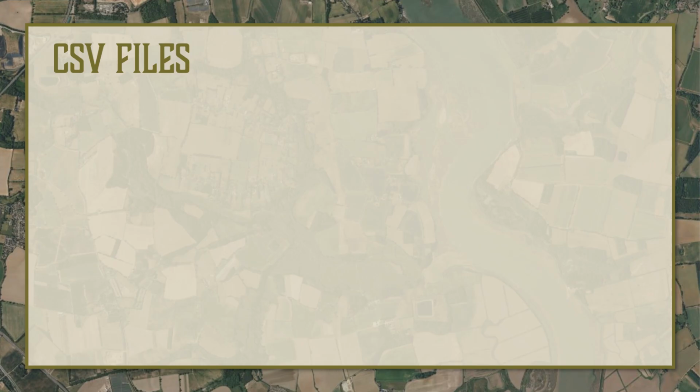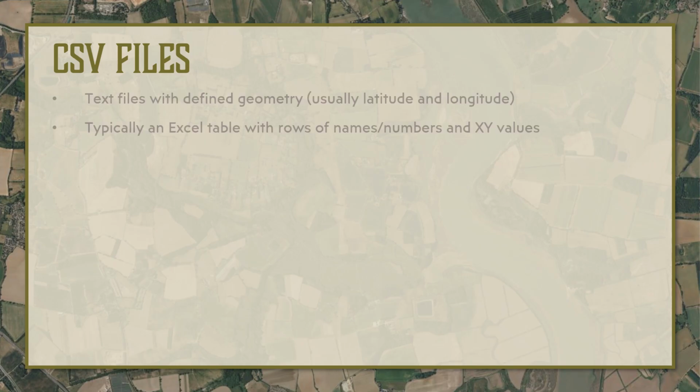Another important thing is CSV files, which stands for comma separated value. These are text files with defined geometry, usually a latitude and longitude or an X and Y. They typically consist of really just an Excel table with rows of names or numbers and XY values.